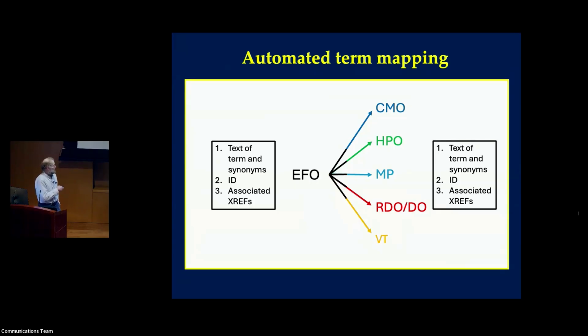And so all of those were taken into account for the EFO term, and then it was mapped to all the other ontologies here based on the same parameters: the text of the term, terms and synonyms, the IDs of the terms, and the associated xrefs. So the EFO was matched with CMO, HPO, MP, RDO/DO, and VT.